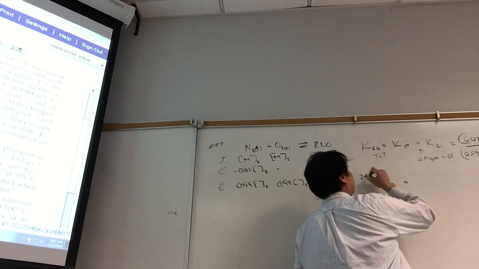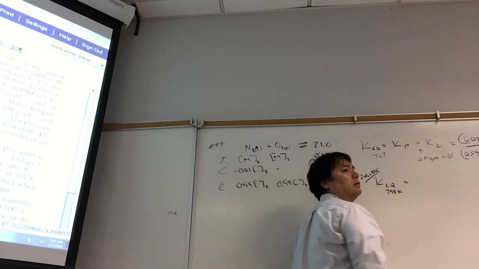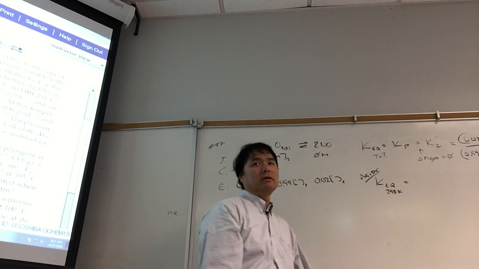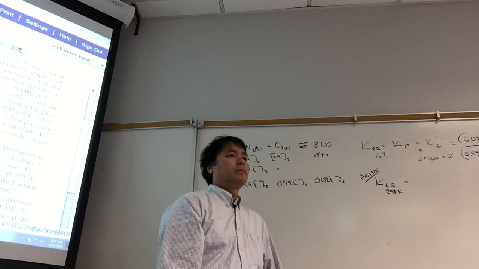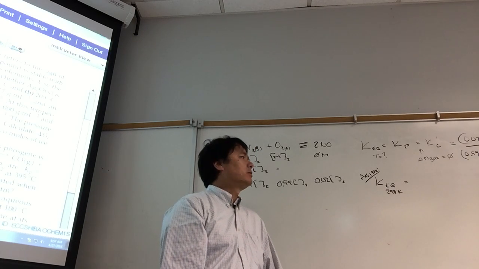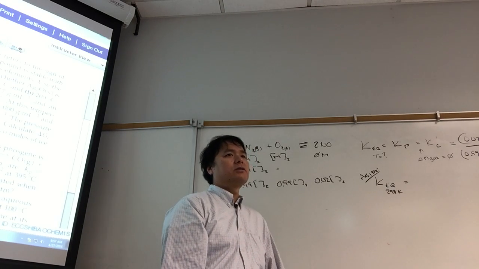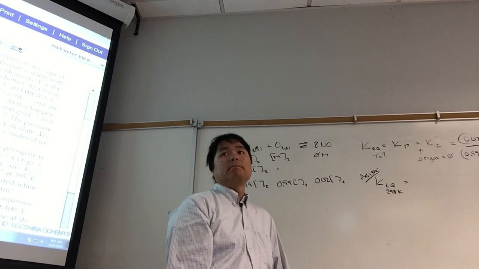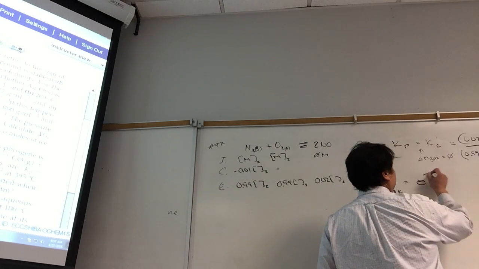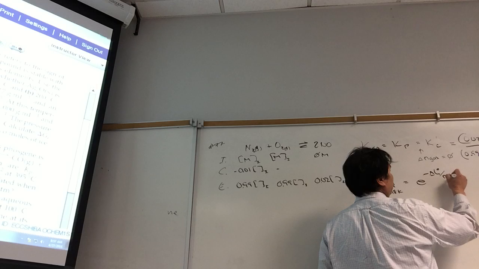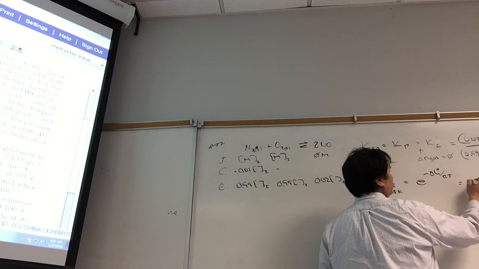This is an aside, we don't have to do this, we'll just do it for illustration purposes. KEQ at 298 Kelvin under standard conditions is equal to e to the negative delta G naught over RT. And so we can calculate this.